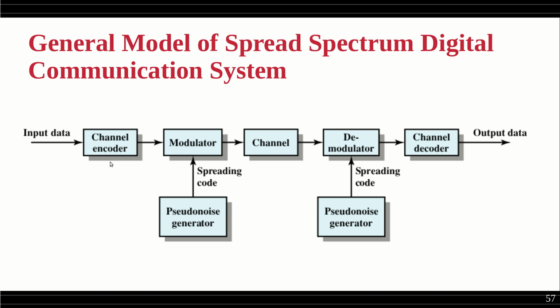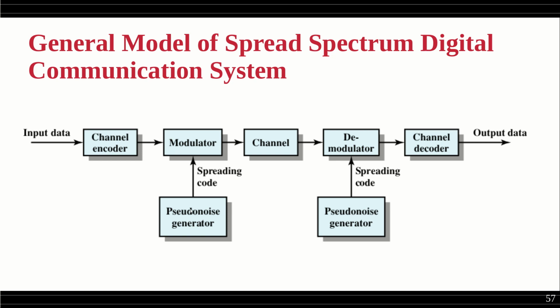So you can use either an analog to analog encoder or a digital to analog encoder. We already saw all those techniques in detail in our previous discussion. Finally, you will get an analog signal.